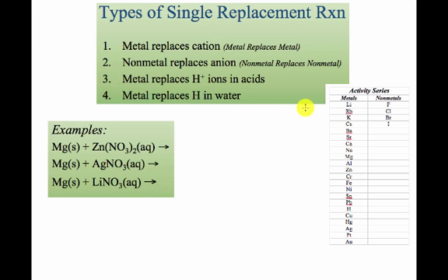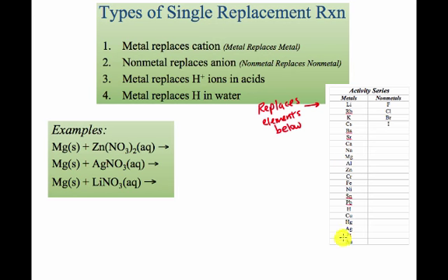At the top of our series is the most active metal. The metal at the top replaces everything below it. Elements at the bottom cannot replace the ones above them. So lithium replaces everything.